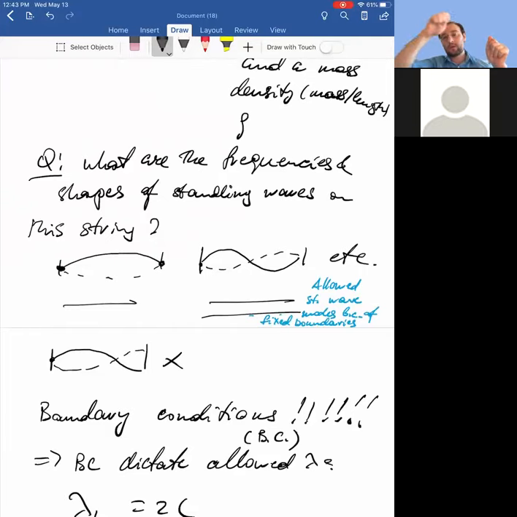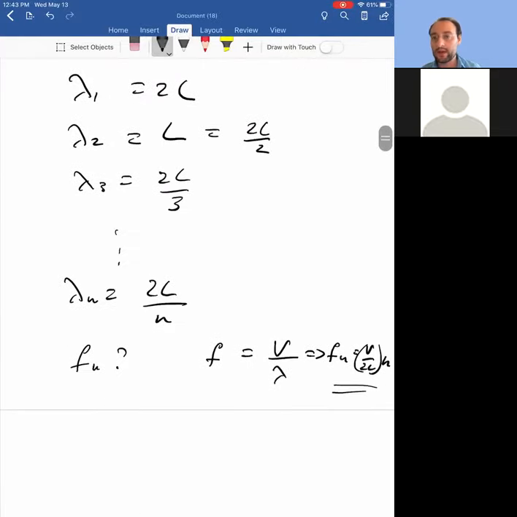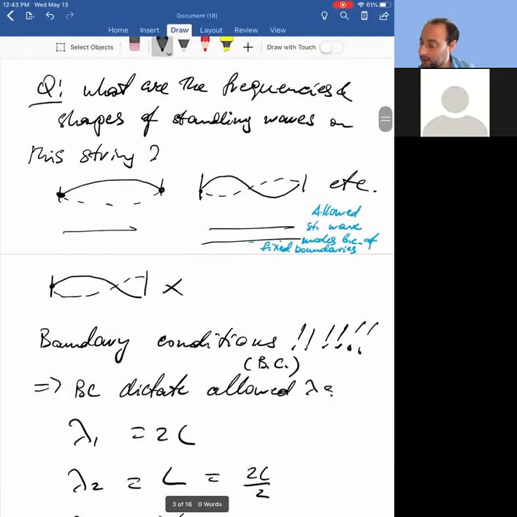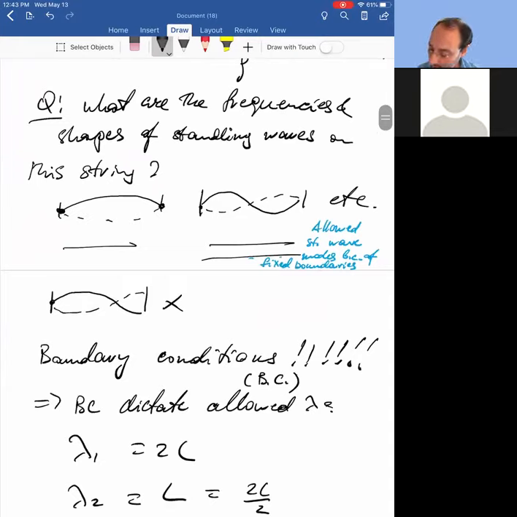One is if you create an initial distortion of the string that exactly matches the shape of one of these modes, and you just let go, and it will stay in that mode, and it will oscillate with this frequency. So if you create an initial condition that looks like this, so this is mode 1, and you just let go, it will oscillate with frequency f1.